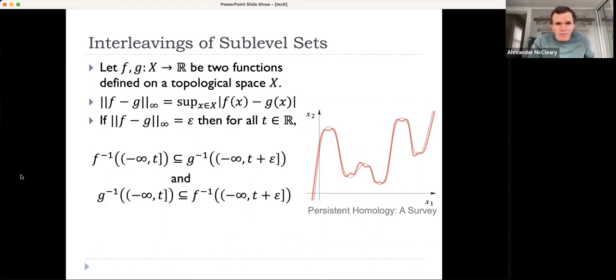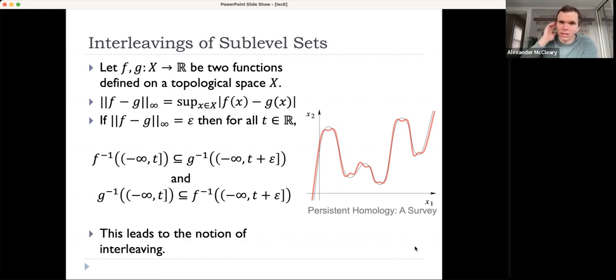And we're also going to have the reverse containment as well. The sublevel set for g at t is going to be contained inside the sublevel set for f at t plus epsilon. Now, we're not going to formally show this, but I'd encourage you to work this out as an exercise. It is a nice exercise, and it's pretty straightforward. But we're not going to show this here.